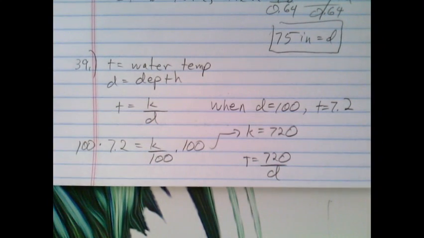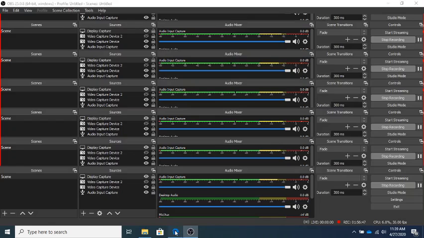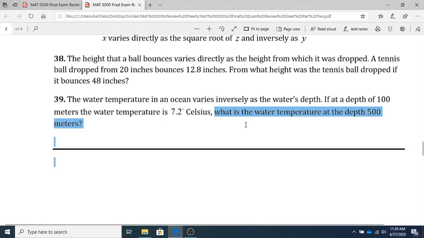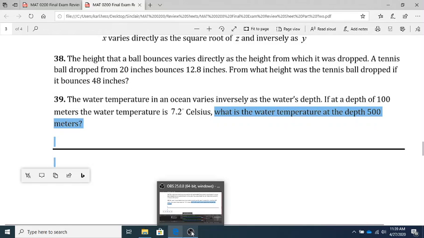And now I can answer the question. What was the question? Let's see the question. What is the water temperature at a depth of 500 meters? Well, probably less than 7.2 degrees Celsius.